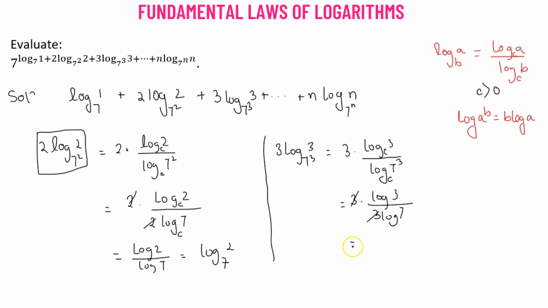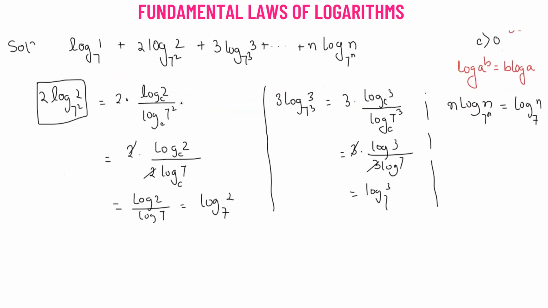The 3 and 3 go away, so we have log 3 base 7. And if we follow this for all the terms, n times log of n with a base of 7 raised to the power of n will be equivalent to log of n with a base of 7. That means we can rewrite each of the terms in our exponent. So let's do that as well.